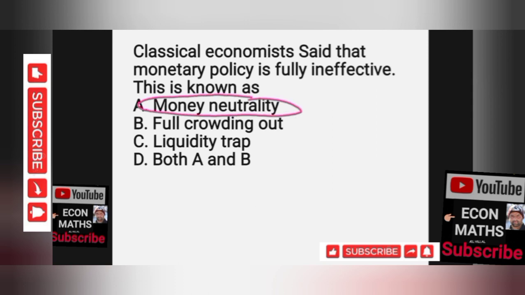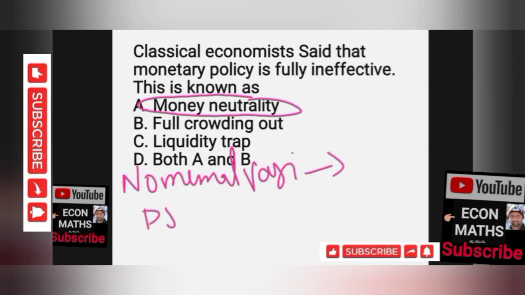The classical economists propounded, or rather they believe, that a change in the money supply affects only nominal variables. The nominal variables are prices or wage rates, but there will be no impact on the real variables.